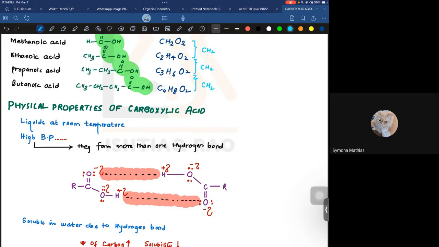How can you identify whether a molecule is polar or non-polar? It's very easy. If you see the same elements, it would be 100% non-polar. And if you see different elements, it is a polar one and it is going to have a permanent dipole.